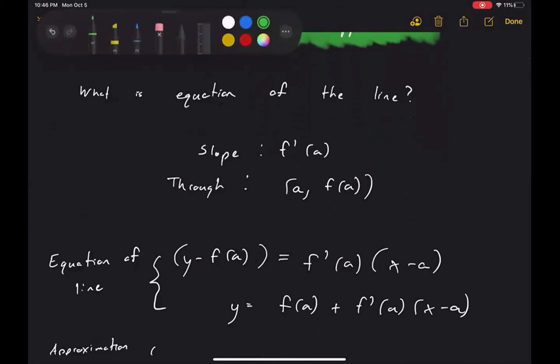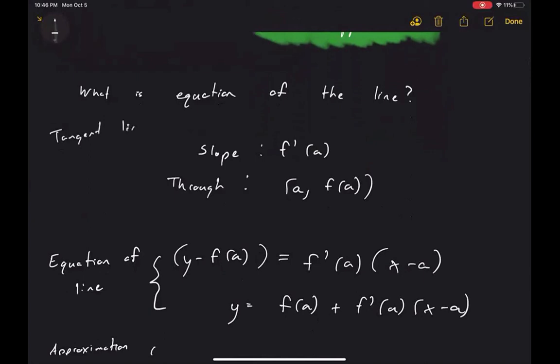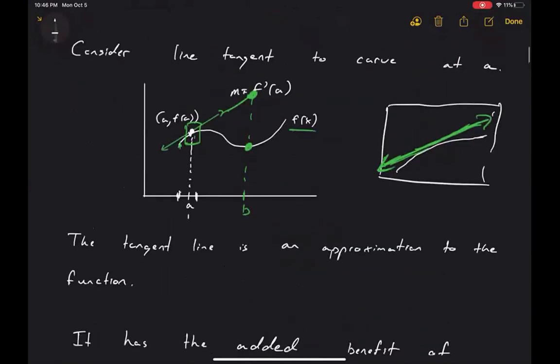Well, we know the slope of that line is what? I want to in particular consider the tangent line at x equals a. So if I go back to this example here and erase all my extra stuff, I'm considering my tangent line at this point A, this green line here.